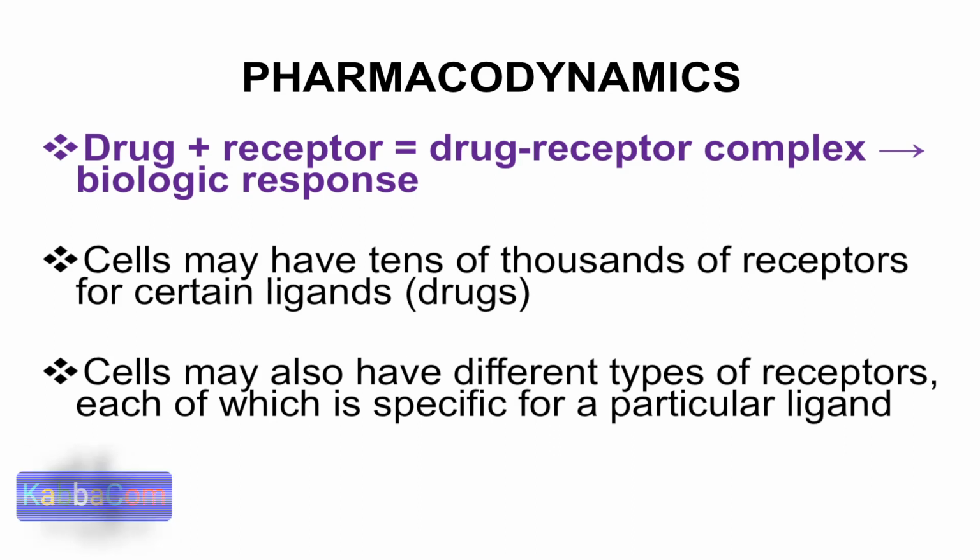If it is not its ligand, then it will not be able to bring about a biological response. Cells may also have different types of receptors, each of which is specific to a particular ligand, as we said earlier on.